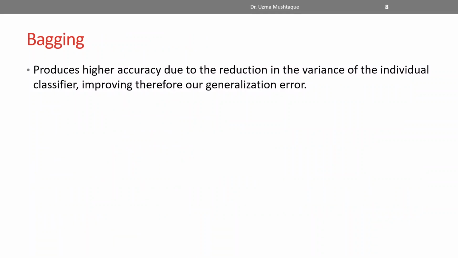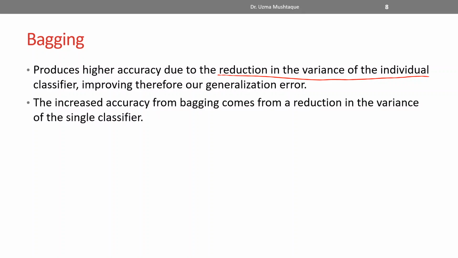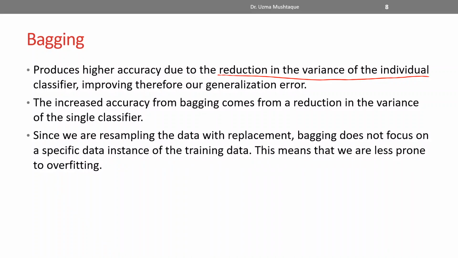Why? Because it reduces the variance of individual classifiers. We are taking everything together, right? So that improves our general error. Now, the increased accuracy from bagging comes from the reduction in the variance as compared to a single classifier. And also, we are resampling the data with replacement. So bagging is not focusing on one specific data instance of the training data, right? So we are less prone to overfitting, which is again a big advantage of bagging.